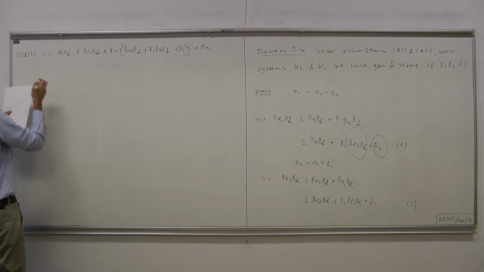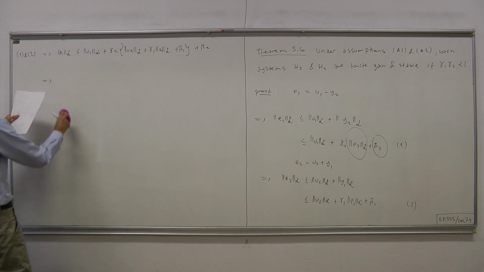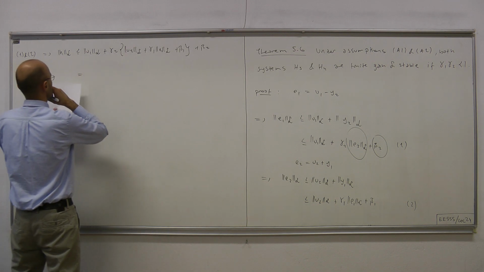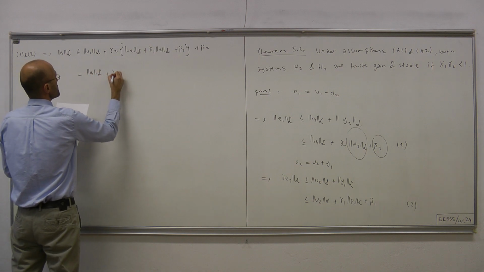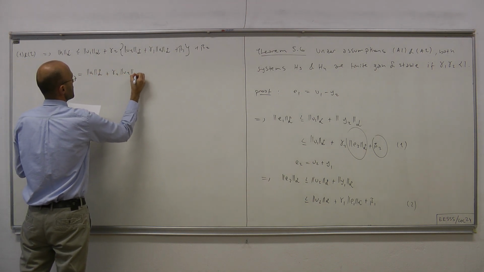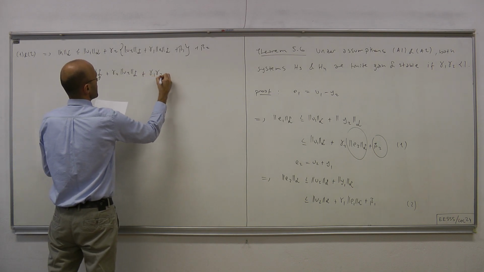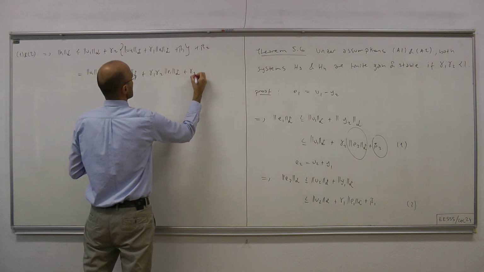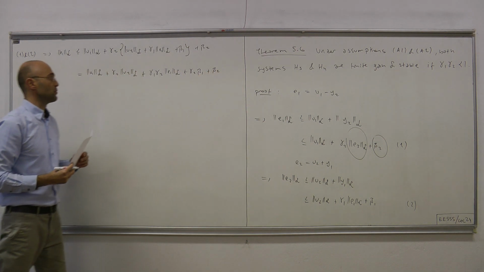If you do that, before that, let's rewrite this. The L norm of U1 plus gamma 2 times the L norm of U2 plus gamma 1 gamma 2 times the L norm of E1 plus gamma 2 beta 1 plus beta 2.